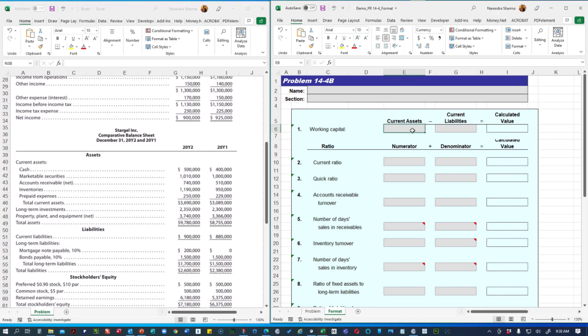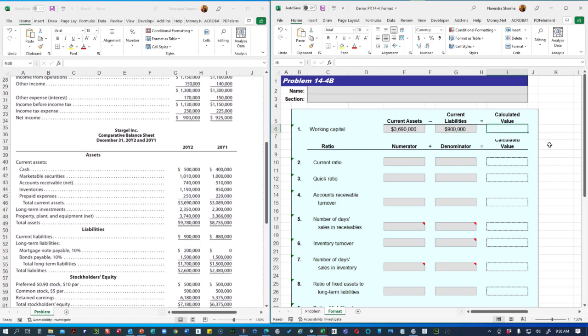So type in 3,690,000, and then current liabilities are 900,000. Now, as I said, you will get that information from the balance sheet. Look for the total current assets for year 2 and the current liabilities again for year 2.